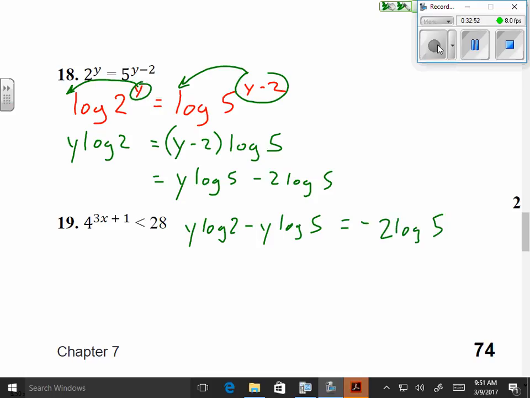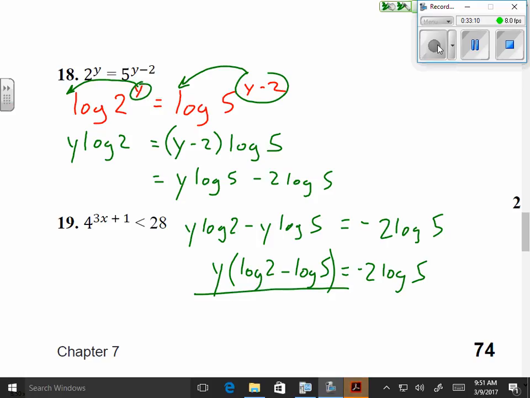We can factor out the y here, and we get log of 2 minus log of 5 equal to negative 2 log of 5, and then we just divide both sides by log 2 minus log 5.